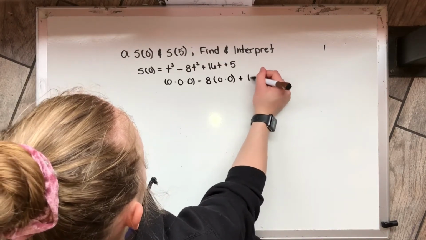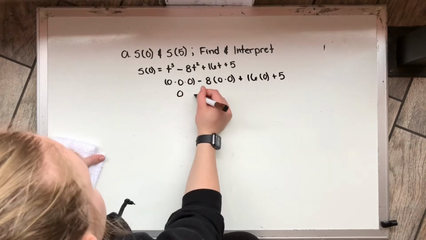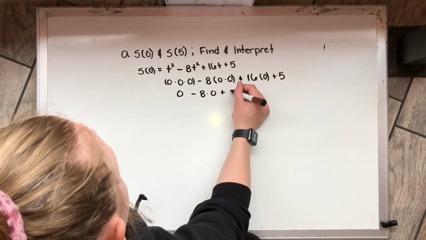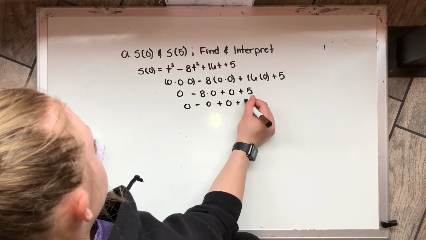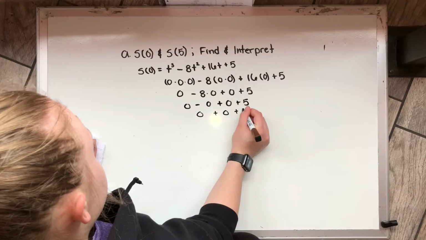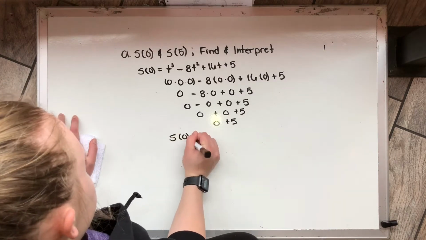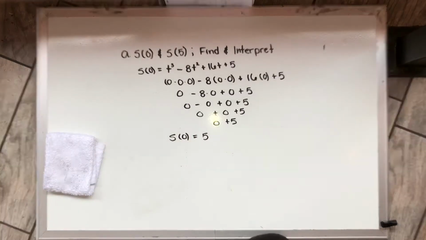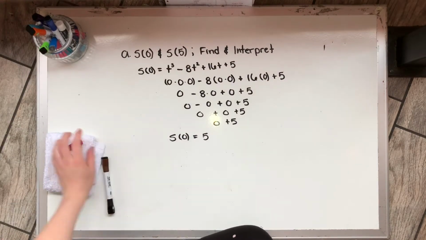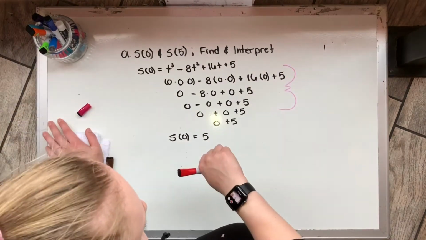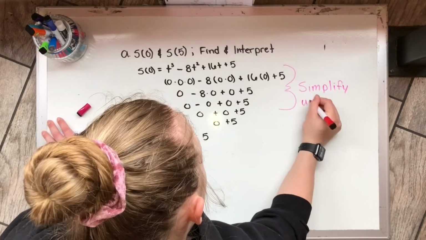So we're going to plug 0 for each t, and then we're going to solve, simplify. I put every step, even though 0 to the power of 3 is 0, and 8 times 0 to the power of 2 is 0, and 16 times 0 is 0. So S(0) equals 5. That is our first value. We are simplifying using PEMDAS.